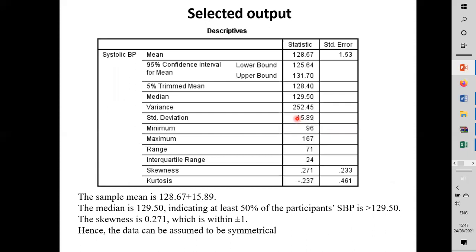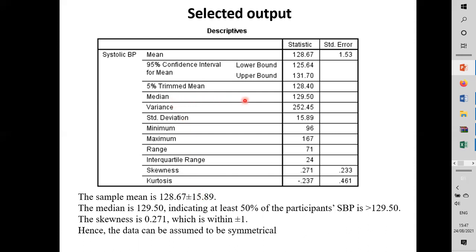So this describes the systolic blood pressure. Click a button, and this table will come out. Take the mean, 128, plus or minus the standard deviation. This tells you where the data is located. This tells you how much the data is dispersed, spread from the center.